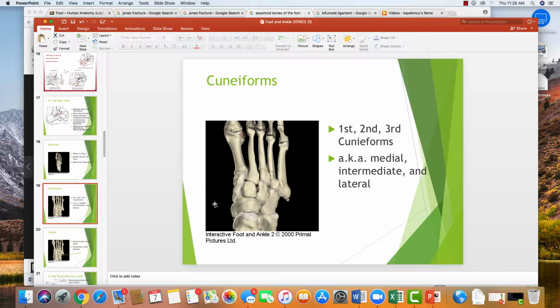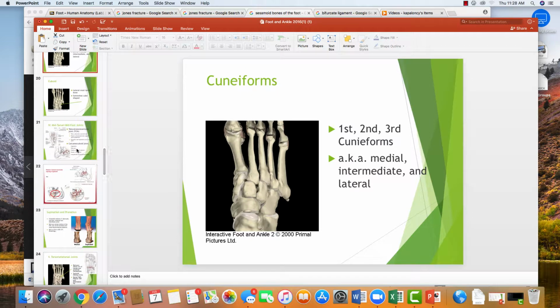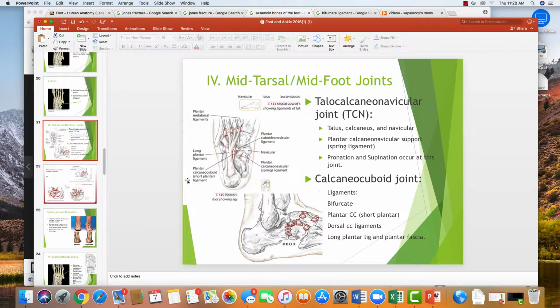And important to note that each of these bones, remember, ligaments attach bone to bone. So we've got tons of little ligaments between all of these. Here is a great picture of all sorts of ligaments attaching the talus to the navicular, to the calcaneus, to the cuboid.